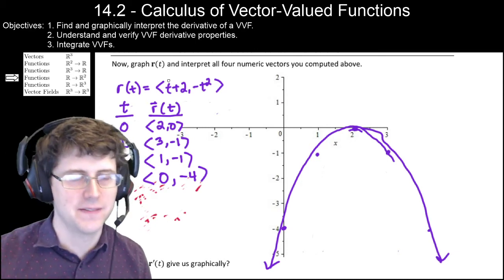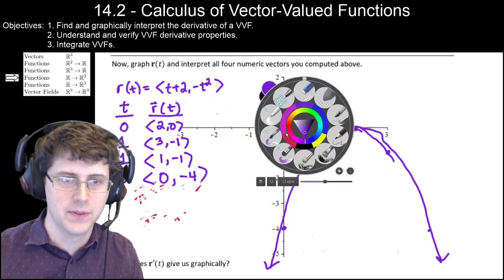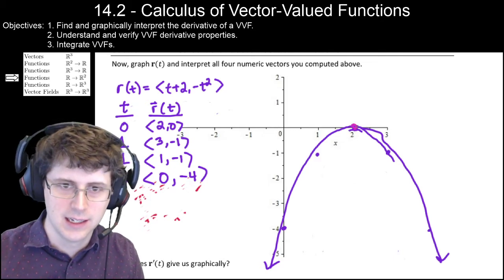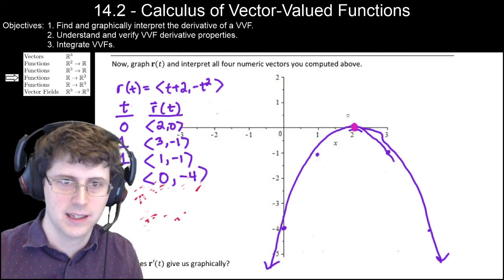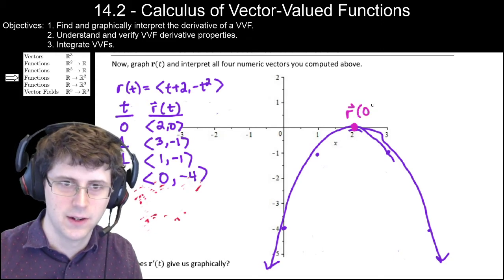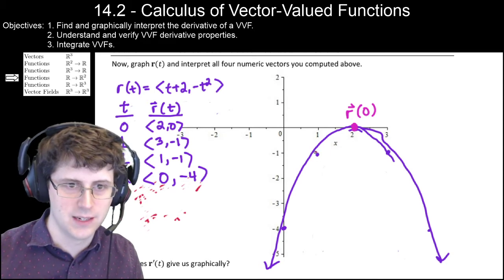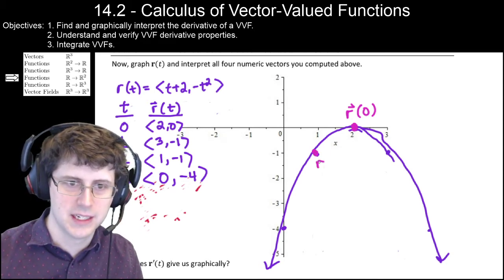Okay, graph r of t and interpret all 4 numeric vectors we computed above. Well, we computed this. This was r of 0. And this point, (1, -1), corresponds to r of minus 1.